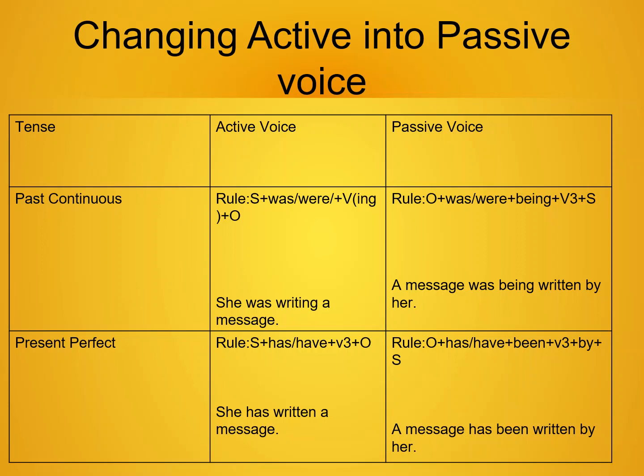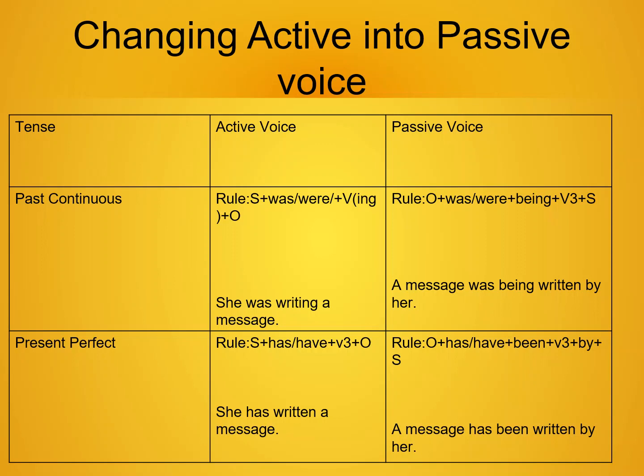In present perfect, we can see the rule subject plus has or have plus verb 3 plus object, that is she has written a message. In passive voice, we can see the rule object plus has or have plus been plus verb 3 plus by plus subject.